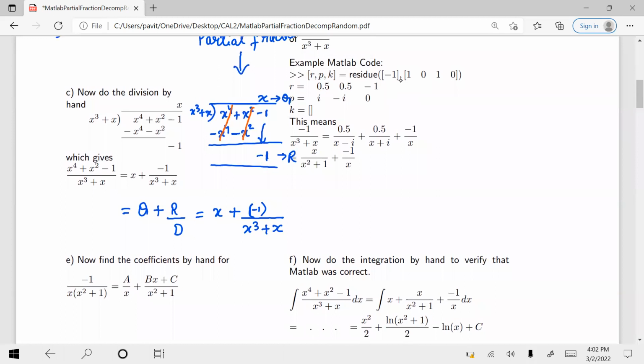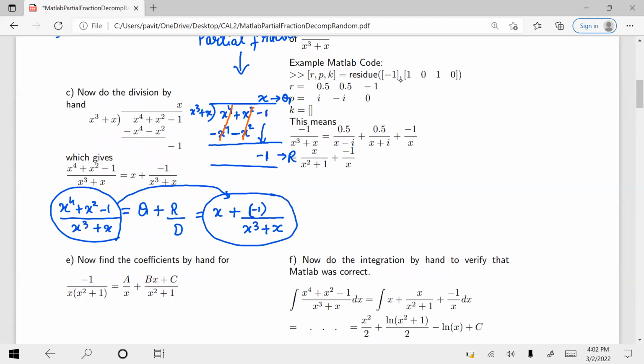Okay, now you can see that we minimized x to the power of 4 plus x squared minus 1 divided by x cubed plus x. You can see that we just completely transformed a big function, I can say, into smaller functions. Okay, now can I apply integration to this method?